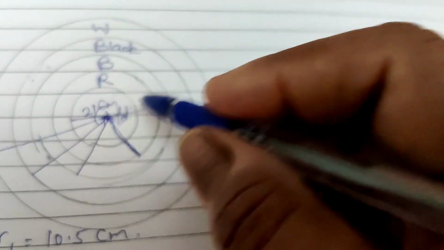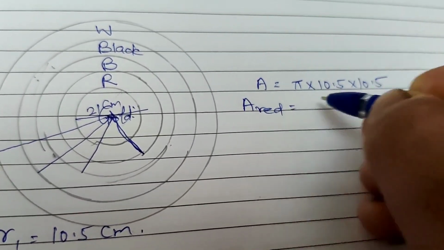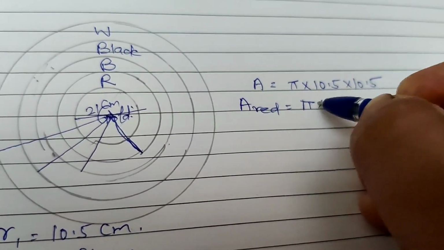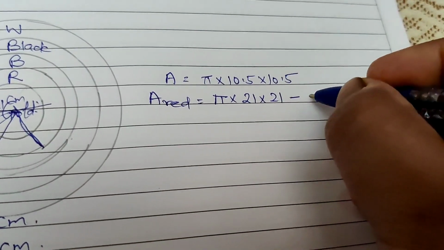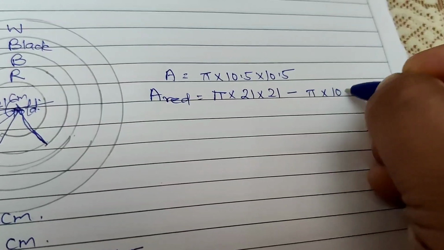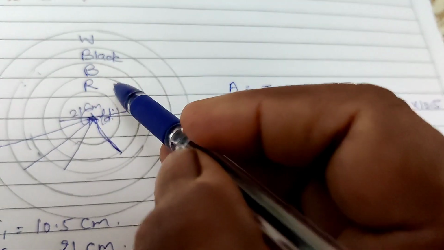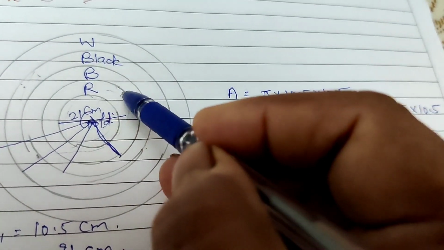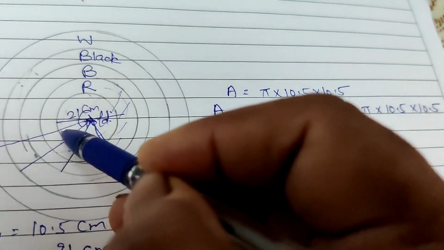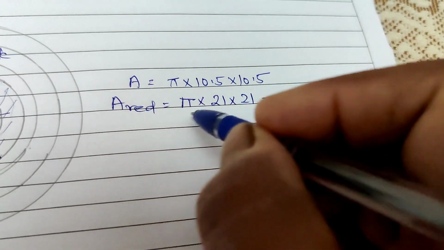And the area of the red region equals pi into 21 into 21 minus pi into 10.5 into 10.5. I am using the area of a ring: the area of the bigger circle minus the area of the smaller circle gives the area of the ring. So now represent it in the form of A.